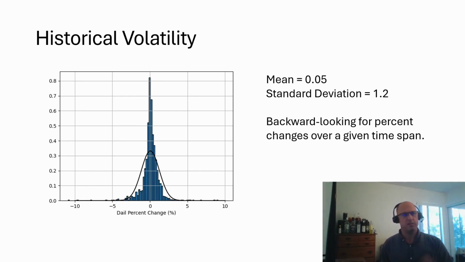I've calculated the daily percent change in that stock and plotted it as a histogram here, and then calculated the mean and standard deviation. The mean of this was 0.05, expressed as a percent, so roughly 5/100ths, half of a tenth of a percent per day. And the standard deviation here was 1.2%.